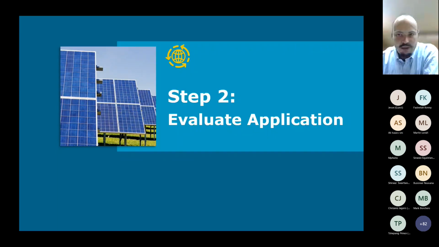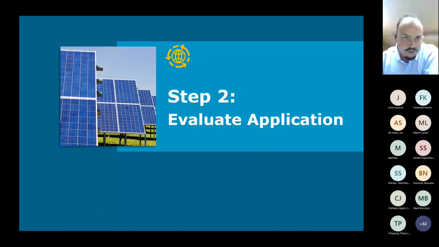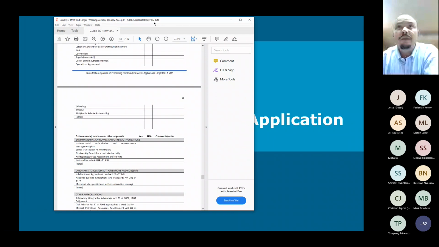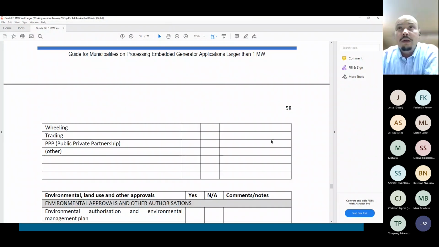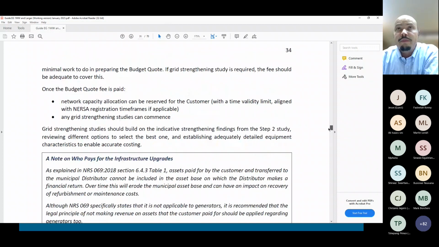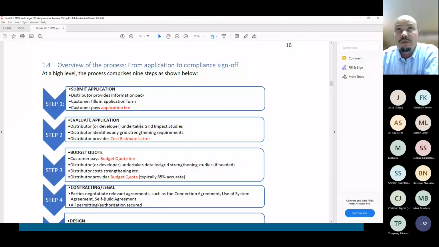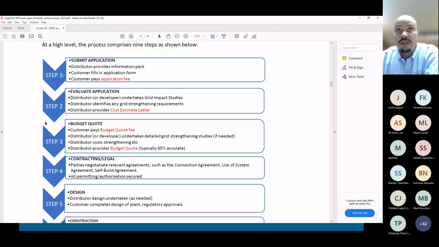Okay. So the next 2 steps. Sorry, I'm stopping you again. Would you mind just quickly showing us again in the guideline where we are now, so that we can make the link? Okay, there we go. Firstly, in section 1.4 there are the different steps. We're going to look at steps 2 and 3 now.